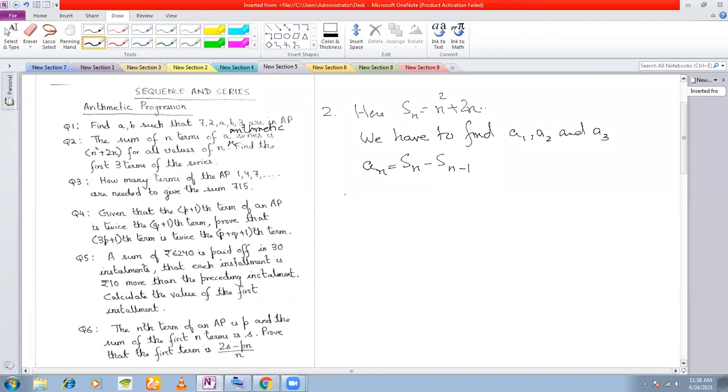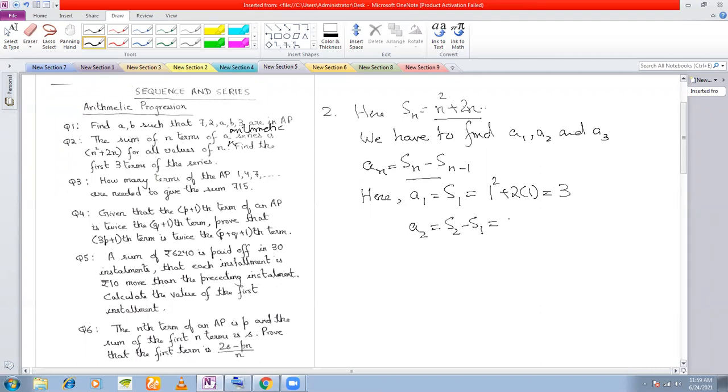This is a relation between sum and the nth term of an AP, right? So if you want to find out A1, A1 must be equal to S1, the first term, which is equal to, put it here, 1 square plus 2 into 1, which is equal to 3. So you got the first term. Now A2 must be equal to, according to this formula, S2 minus S1, right?